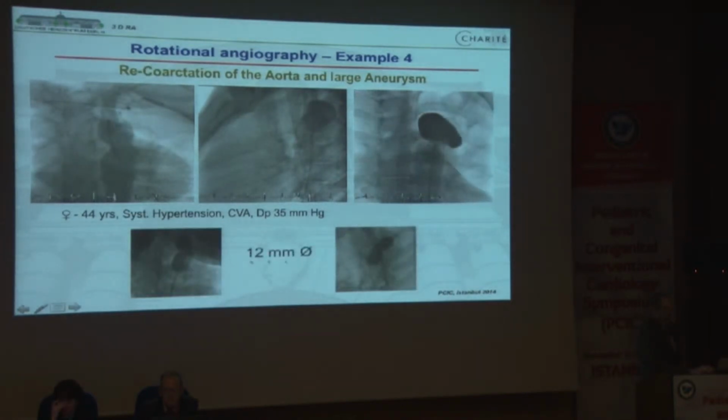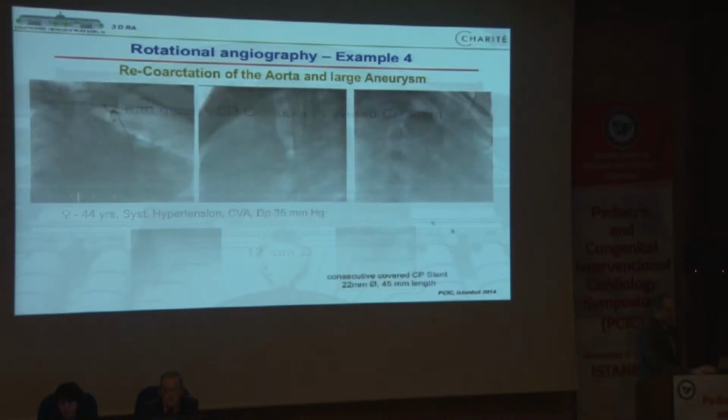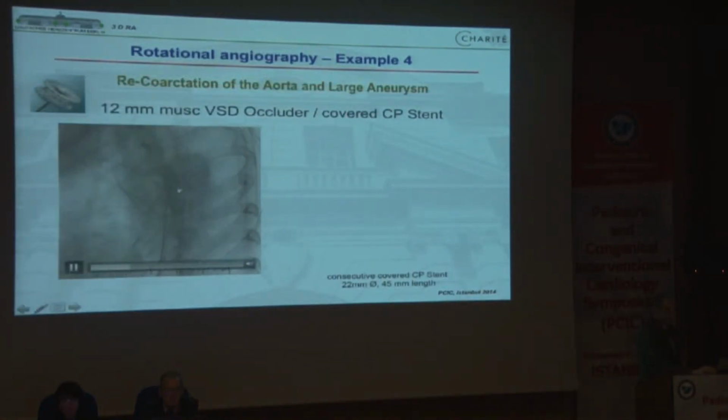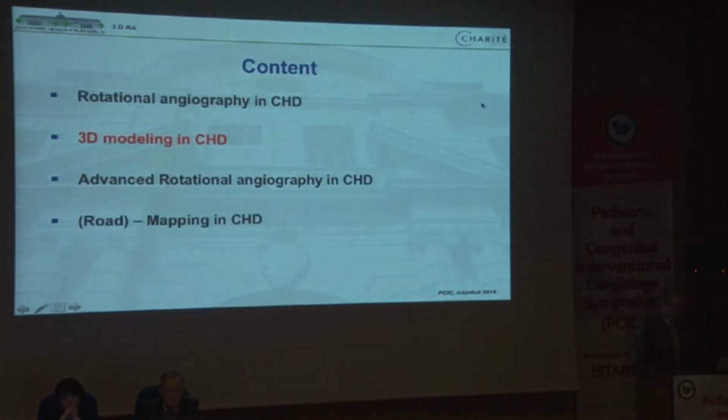With this regard, we planned to fill the aneurysm with an occluder and measured the entrance to the aneurysm. We implanted a 12mm VSD occlusion device from the HA company within the aneurysm to close the entrance, and then we put a covered stent via this region to treat the coarctation.